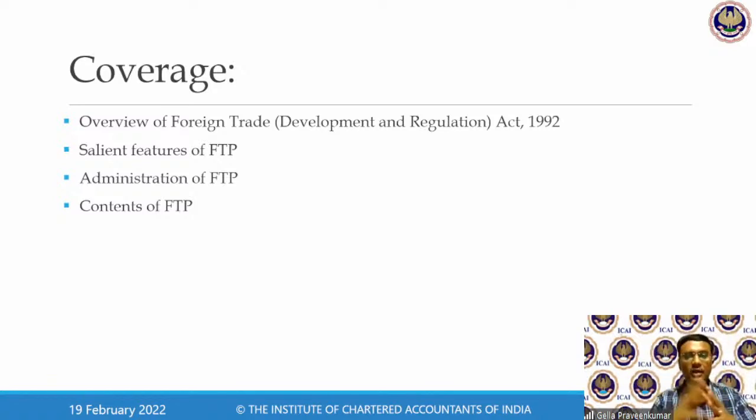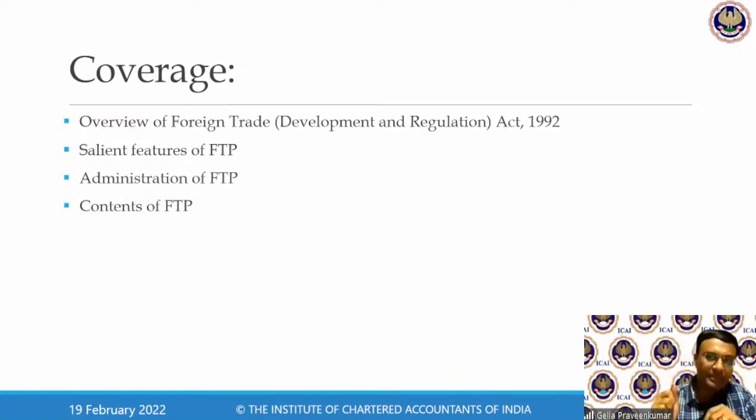There is something called SCOMET, which is part of Schedule 2, and which covers special chemicals, organisms, materials, equipment, and technology.